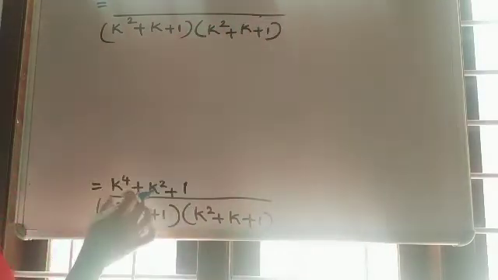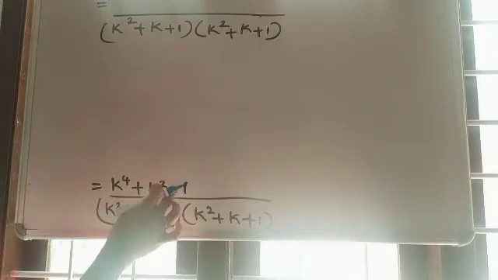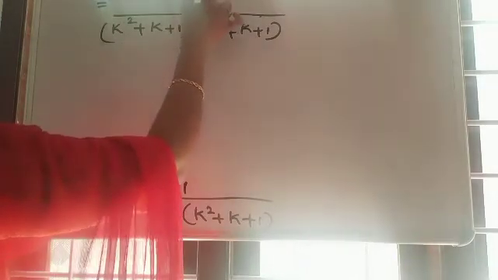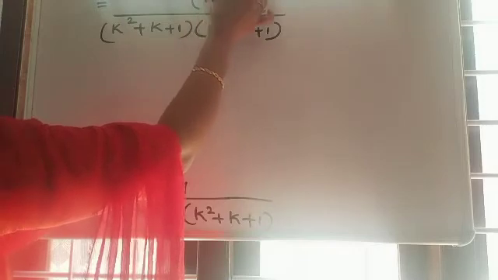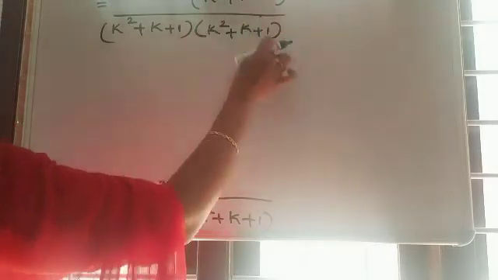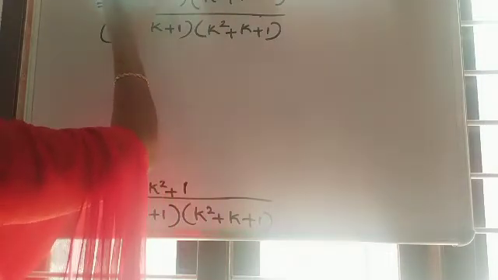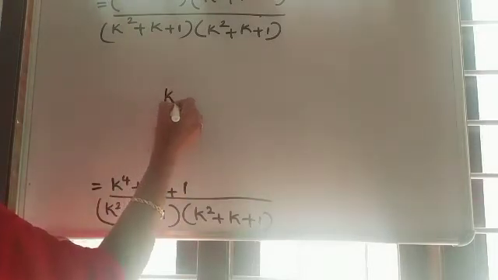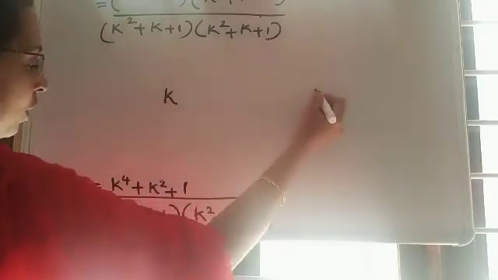Then this K raised to 4 plus K square plus 1, we are writing in terms of K square plus K plus 1. Then we can cancel this. So, what will be the remaining? We want to get the answer as K raised to 4 plus K square plus 1. So, do it in the working column. We want to get what? K raised to 4 plus K square plus 1.